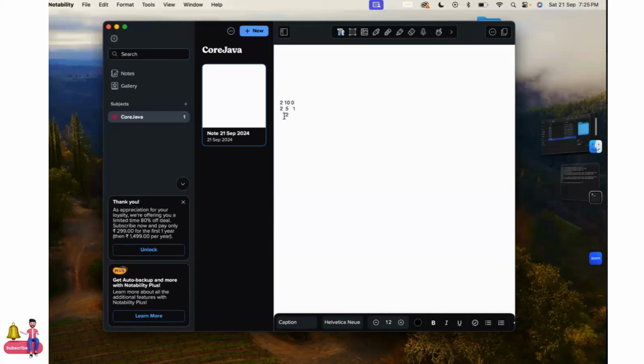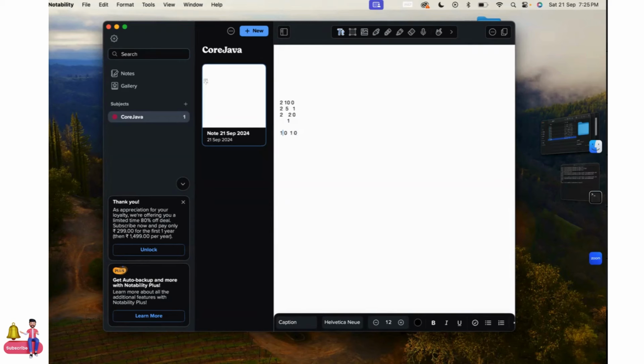And again, we have 2. 2 can divide 2 once, and the remainder is 0. So what is the number I'm able to get? 1 0 1 0. This is the binary representation of 10.